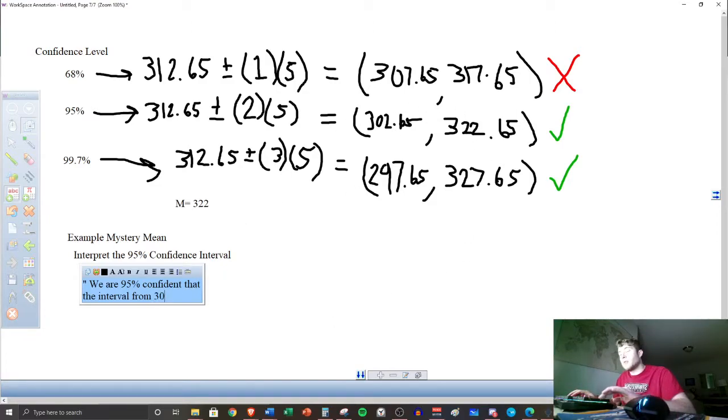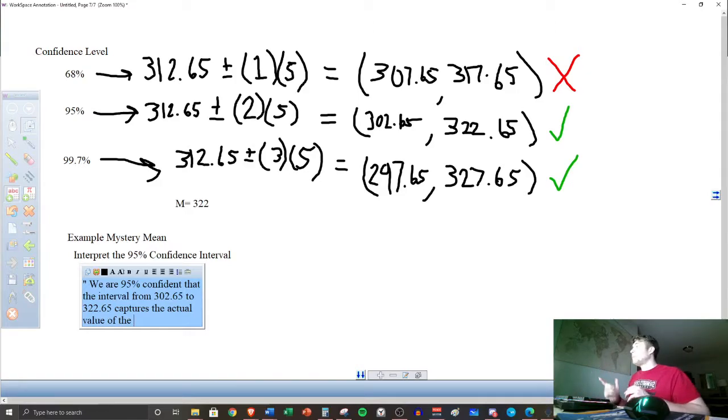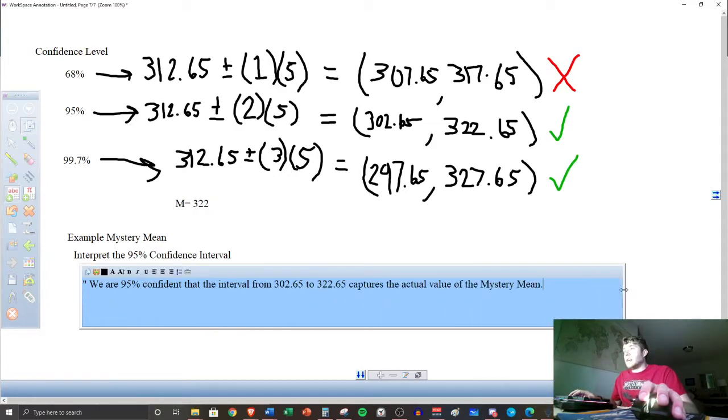We're going to go with from 302.65 to 322.65 captures the actual value of the, and now in the brackets it says population parameter in context. So what is the parameter that we're trying to guess? Well, we wanted to find the mystery mean, the value of the mystery mean. There's our statement. That's all we have to do for this one.